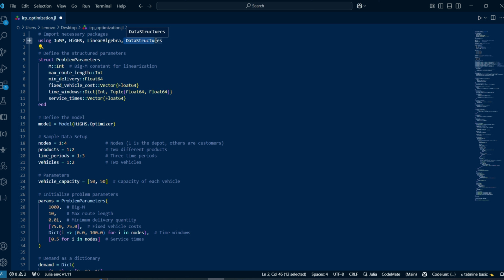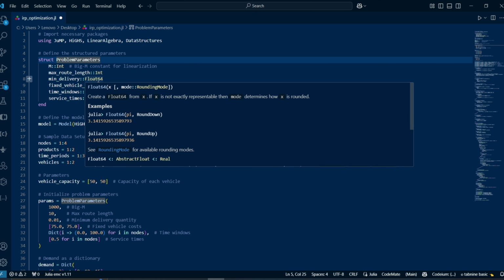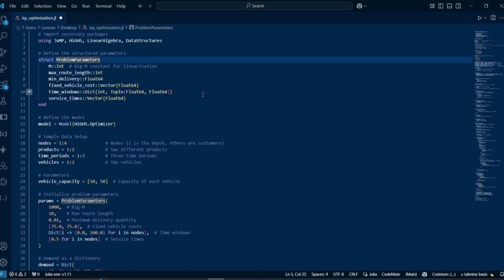Alright, next we define a structured set of parameters using a struct named ProblemParameters. You can see here in line 5. This allows us to neatly organize all critical constants required for the model. Here we specify M, which is a large constant often used in linear programming for constraints involving logical conditions.